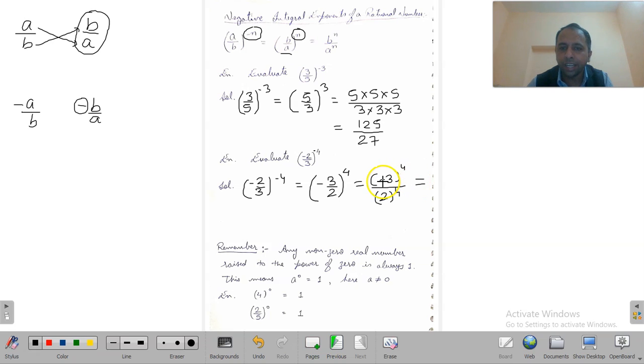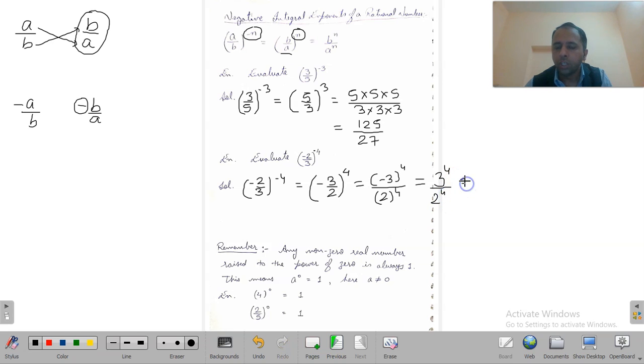When the base is negative, look at the exponent value. Here the exponent value is an even number, so minus 3 to the power 4 will be 3 to the power 4, upon 2 to the power 4.